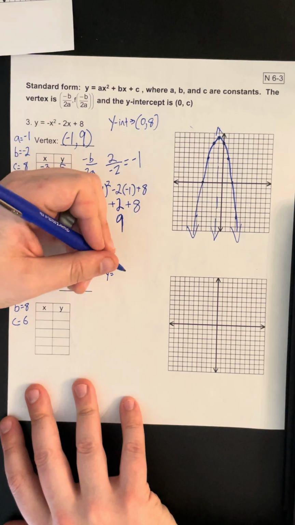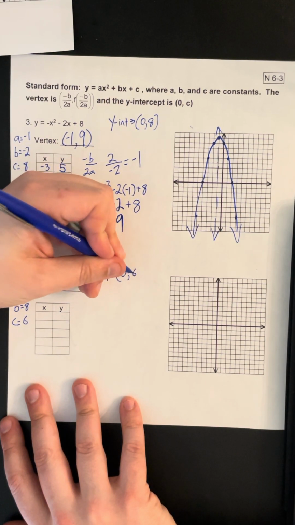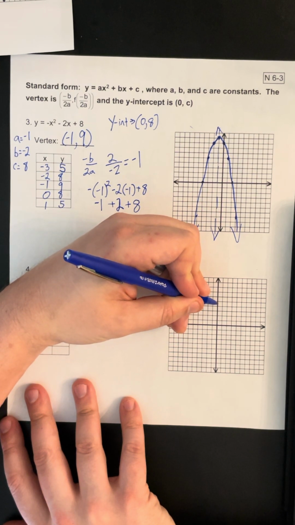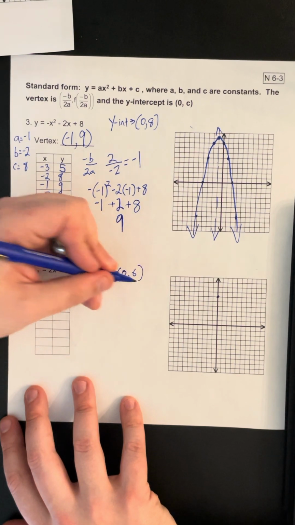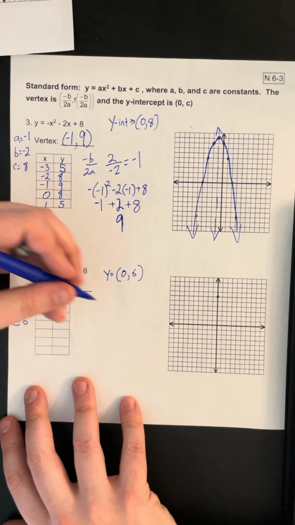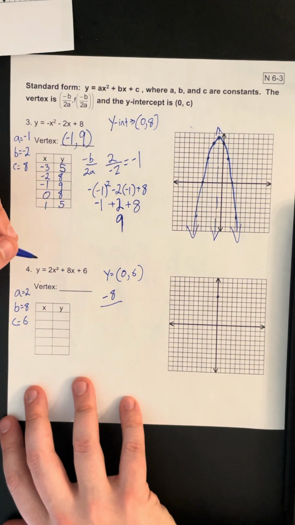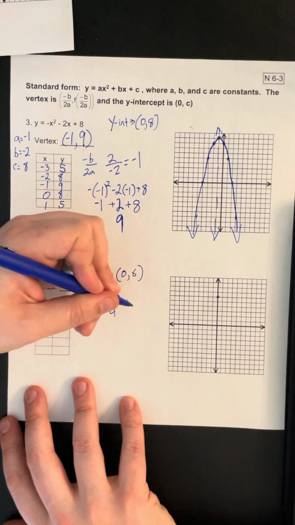So I'll go ahead and put my y-intercept is a 0, 6, just to have a starting point, and then find my vertex. So negative b over 2a would be -8 over 2 times 2, which is 4.